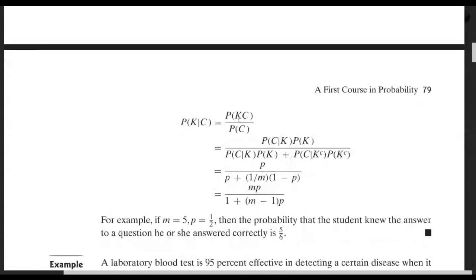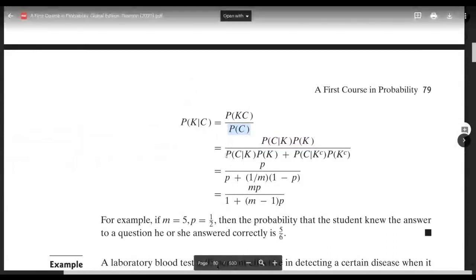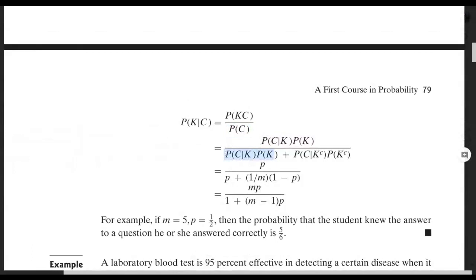The probability of the intersection of K and C is the conditional probability of correct given that she knew, multiplied by the probability she knew the answer. Divided by the denominator, we use the previous equation 3.1: the probability of answering correctly given she knew, multiplied by the probability she knew, plus the complement part.